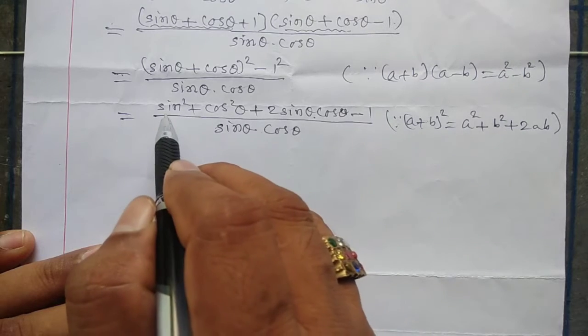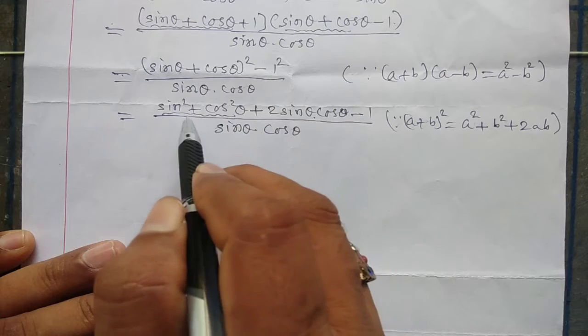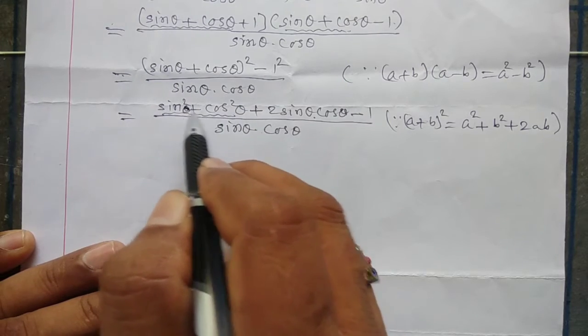To know the formula, sin square theta plus cos square theta is equal to 1. That's why I have written like this.